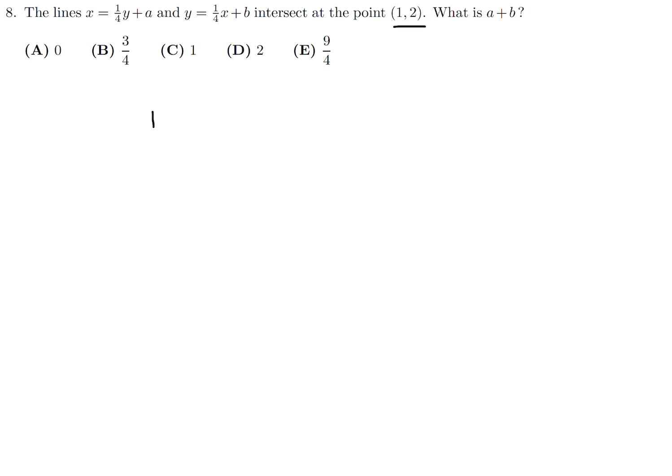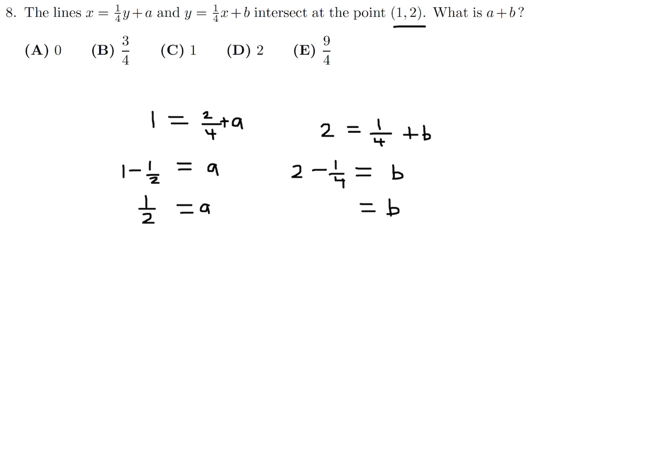X is 1 and y is 2, so that gives me that equation, and therefore a is 1 minus a half, and therefore a is a half. Substituting into this equation now, we've got 2 is equal to 1/4 plus b, and therefore b will be 2 minus 1/4, and that means b is equal to 7 over 4.